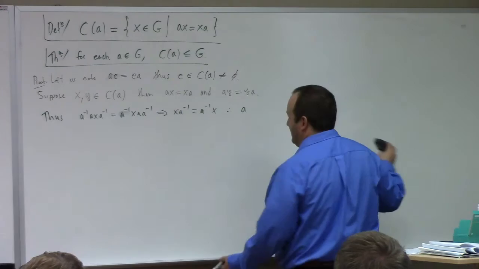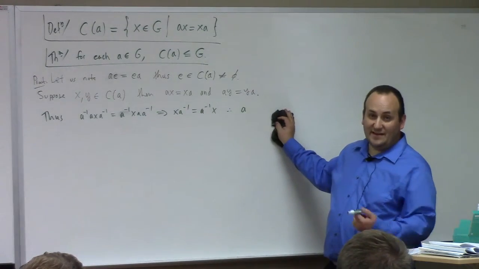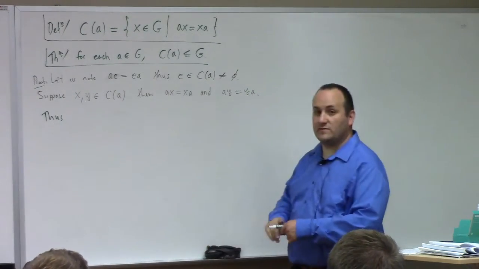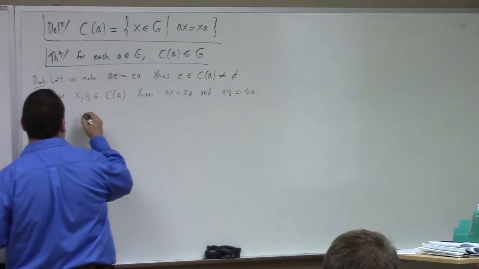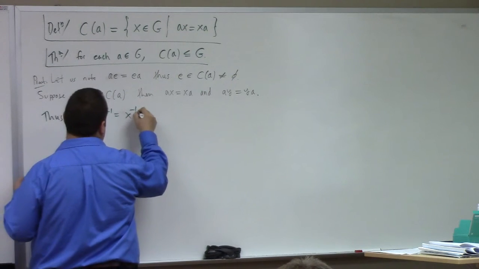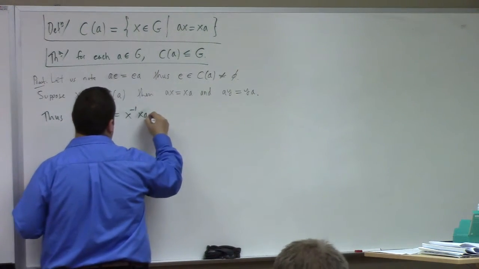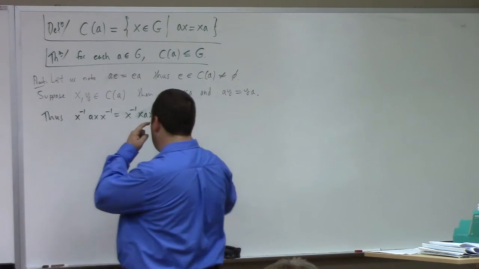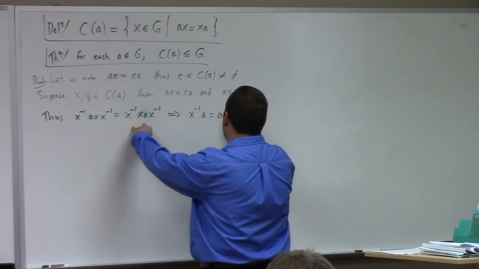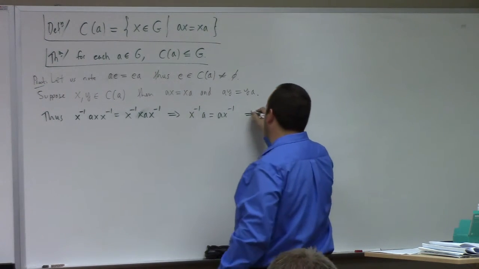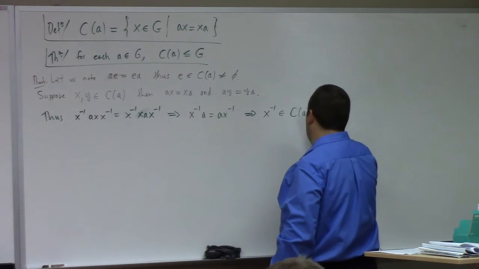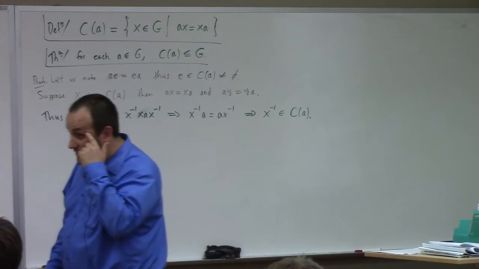I'm not trying to show A inverse is in the centralizer, am I? I mean, it is, but that's not the point. I'm trying to show that X inverse is in the centralizer, right? So to do that, I should multiply before and after by X inverse. X inverse AX X inverse equals X inverse XA X inverse, which of course implies that X inverse A is equal to AX inverse, and that's what I need to show that X inverse is in fact an element of the centralizer of A, thus showing that the centralizer is closed under inversion.